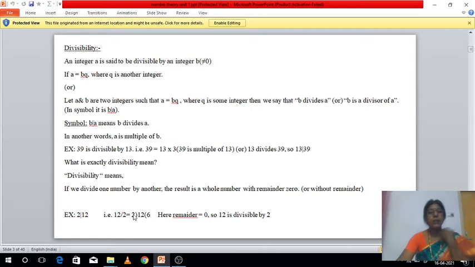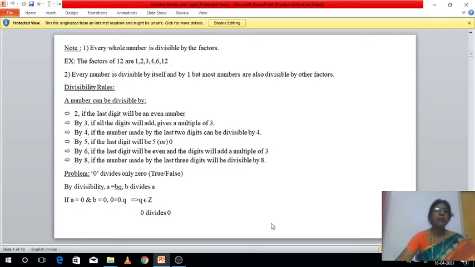So we say 2 divides 12, or 12 is divisible by 2. When we divide a number by another number and get remainder 0, we say the number is divisible by the other number.